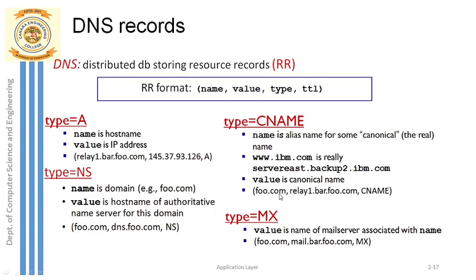Okay, and the last one is type MX. This is especially for mail servers, so it may be Gmail or Hotmail or any such mail servers. You have a DNS mail server especially, and in those mail servers type MX records will be stored. Instead of foo.com, let me take the example of gmail.com.